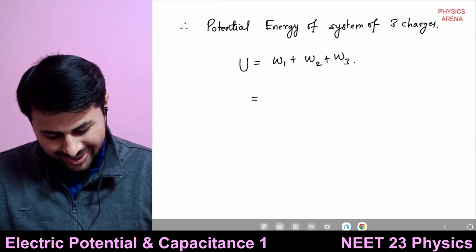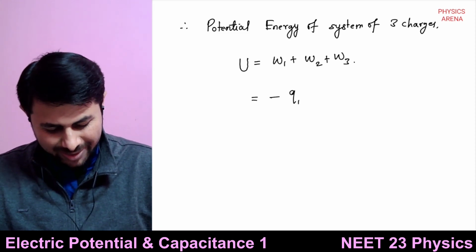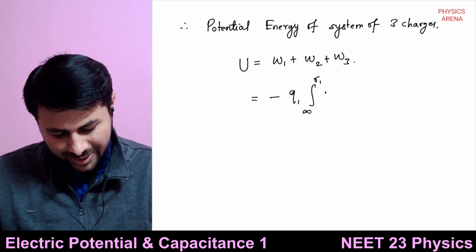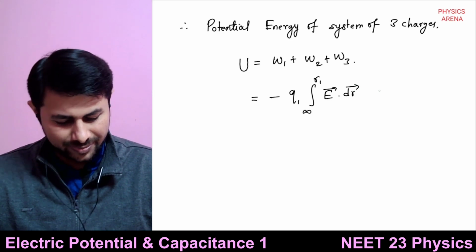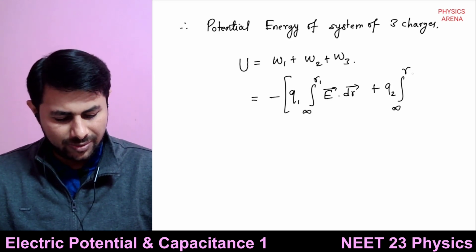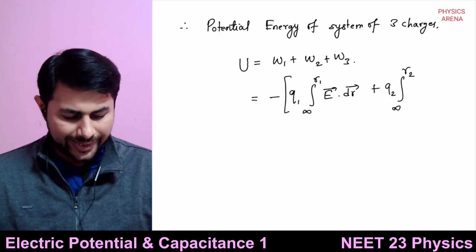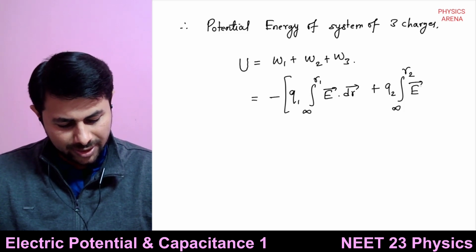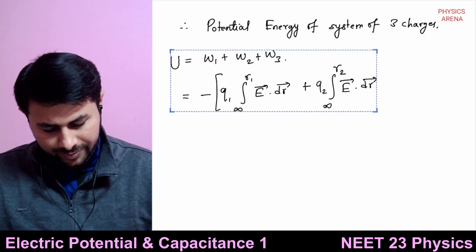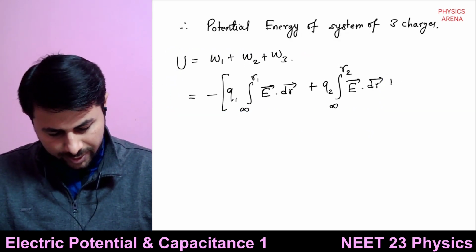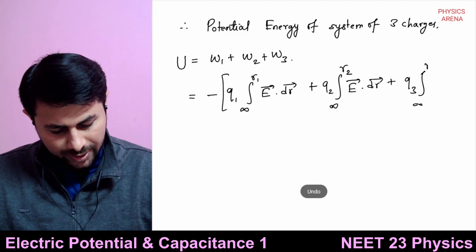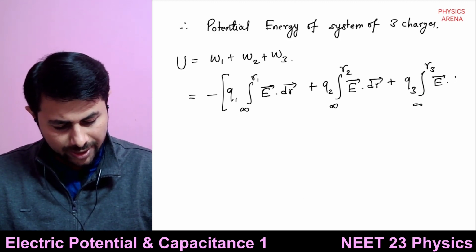So it is minus of Q1 multiplied by the work done to bring this charge from infinity to R1, E bar dot dr bar, plus Q2 multiplied by the same thing, from infinity to R2, E bar dot dr bar, plus the same thing for Q3, infinity to R3, E bar dot dr bar.